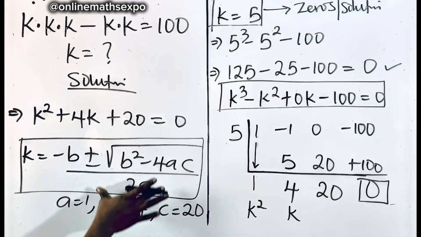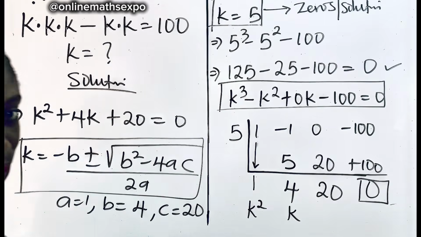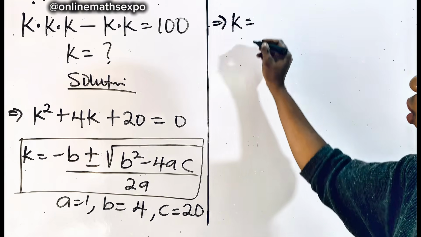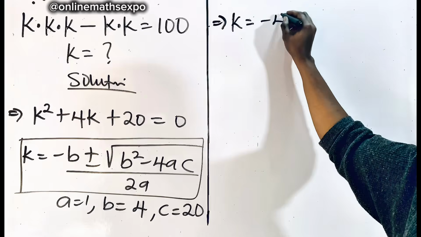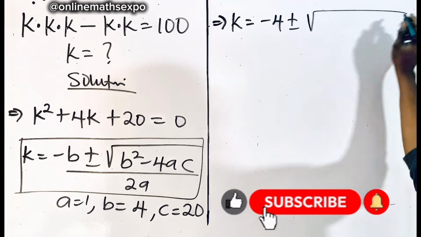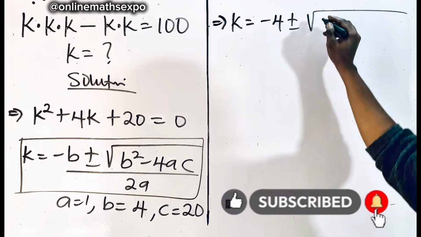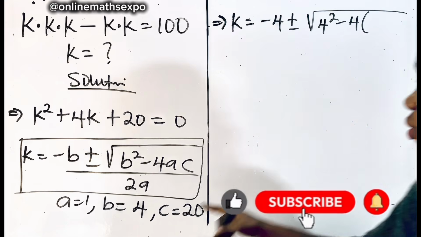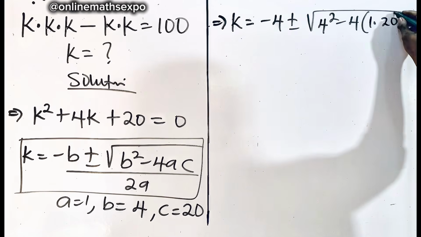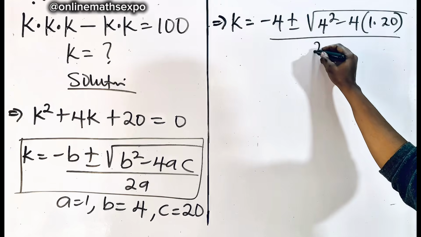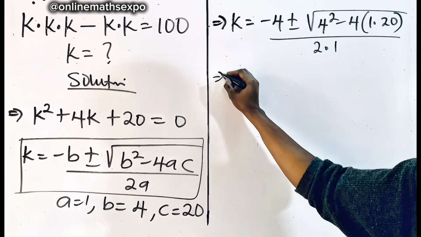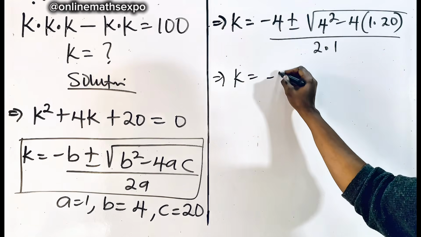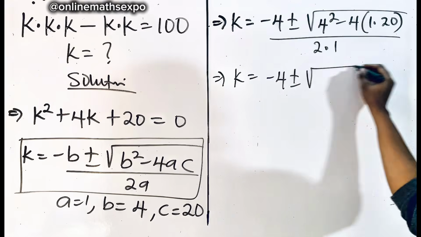So let's plug this into this formula to have our k is equal to negative 4 plus or minus square root of 4 squared minus 4 multiplied by our a, which is 1, then multiplied by 20, divided by 2 times 1.